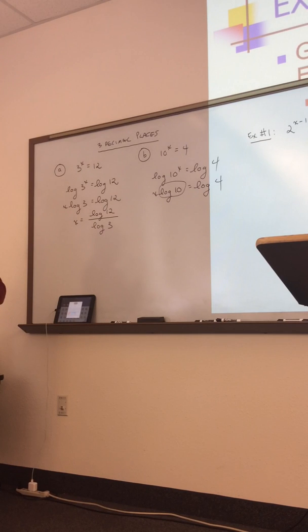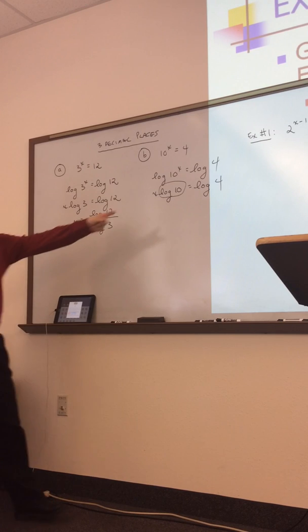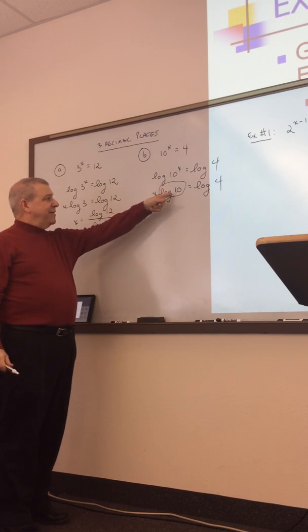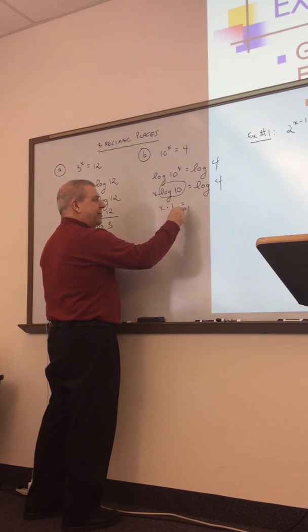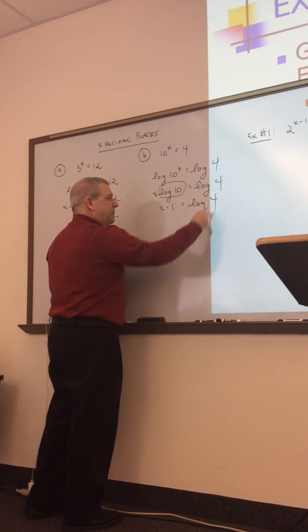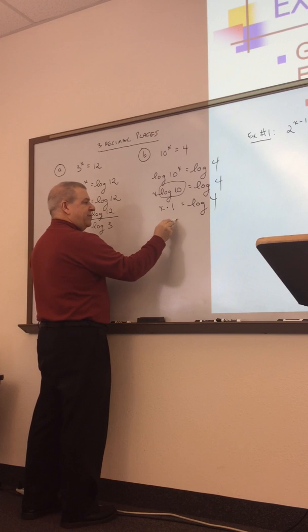What is the common log of 10? Good. Harris, 1. Do you understand that? Wasn't that one of the properties I gave you? Log of 10 to the base 10. Now, just so you can see it, I'm just going to put that there. So x times 1, this is just x.